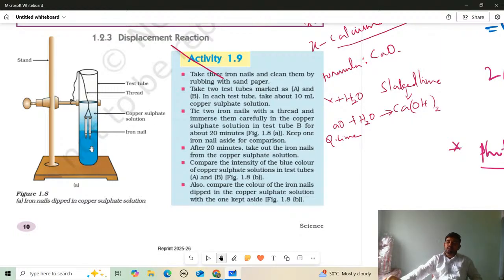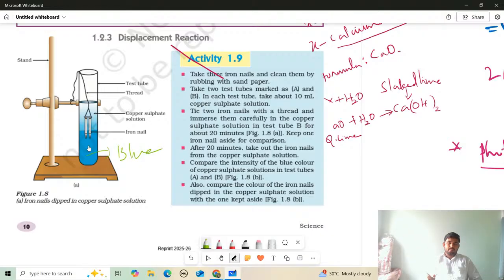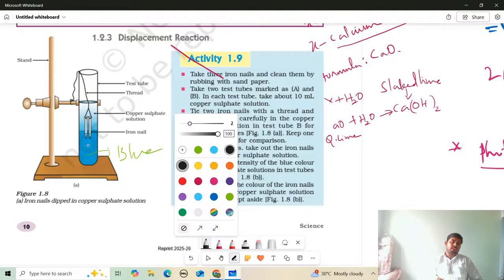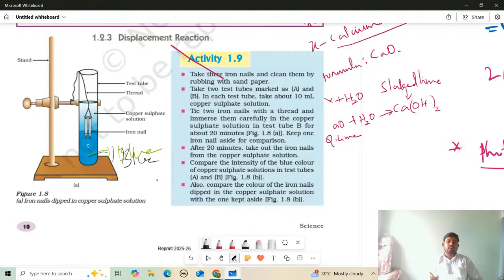This copper sulfate solution is blue in color. To this blue copper sulfate solution, they are adding iron nails. You can see the iron nails here. Then after some time, what happens?